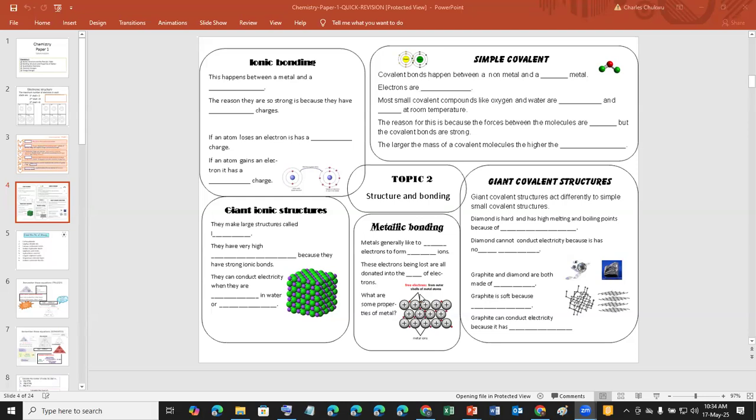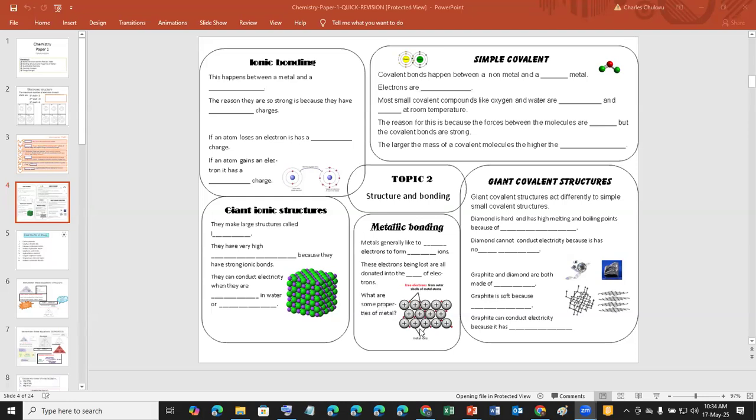They are not accepting electrons for themselves. It's just a pool. Think of it like a collection of electrons.